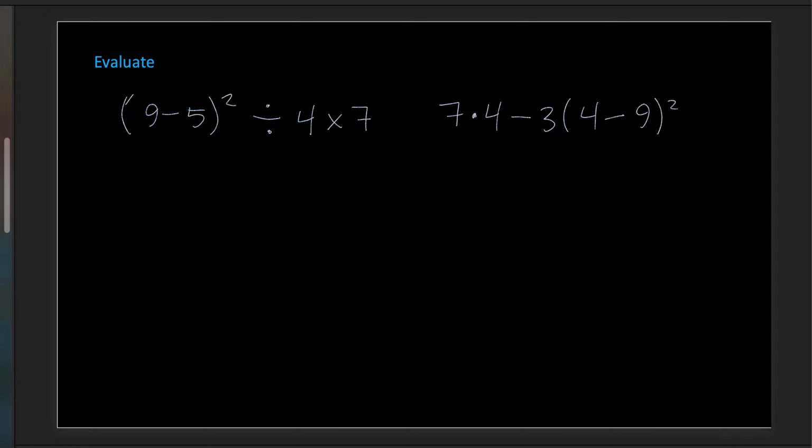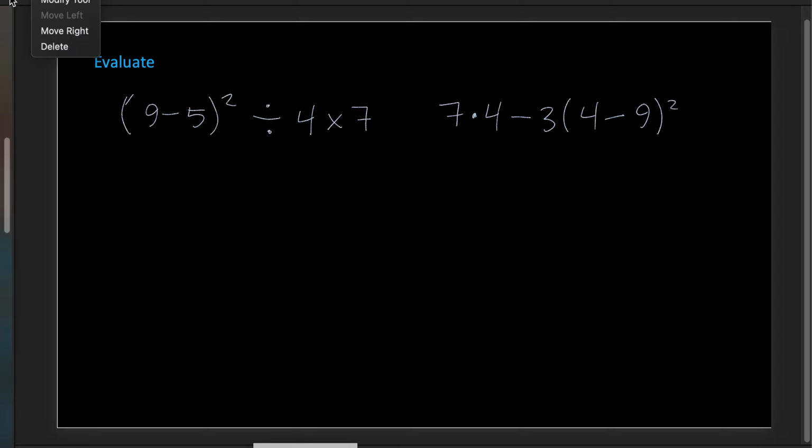Here are some more expressions to try. And remember, you can always pause the video, try these, and see how you do by listening to the explanation after, unless this is your first time to hear this. So here we have 9 minus 5 squared divided by 4 times 7.